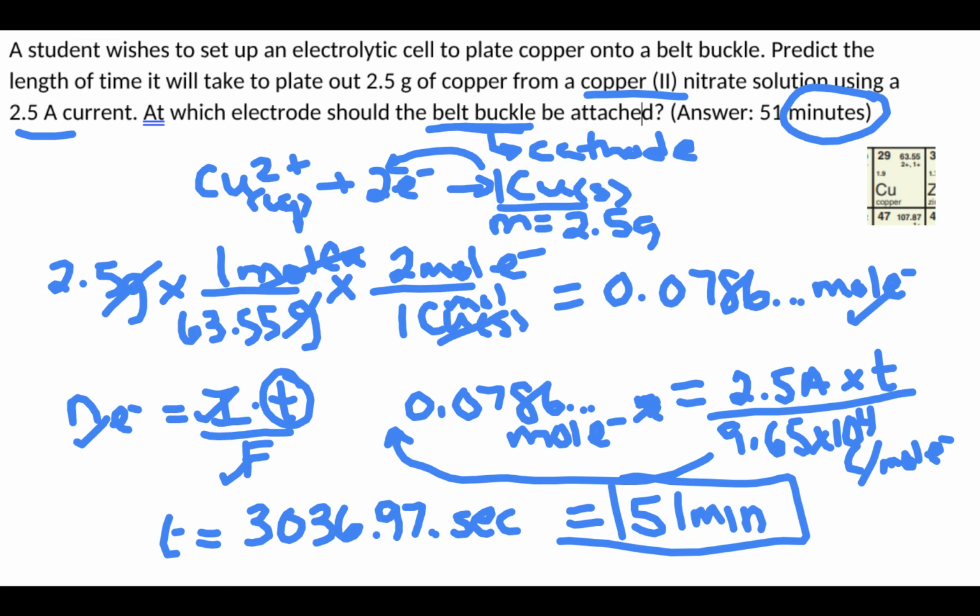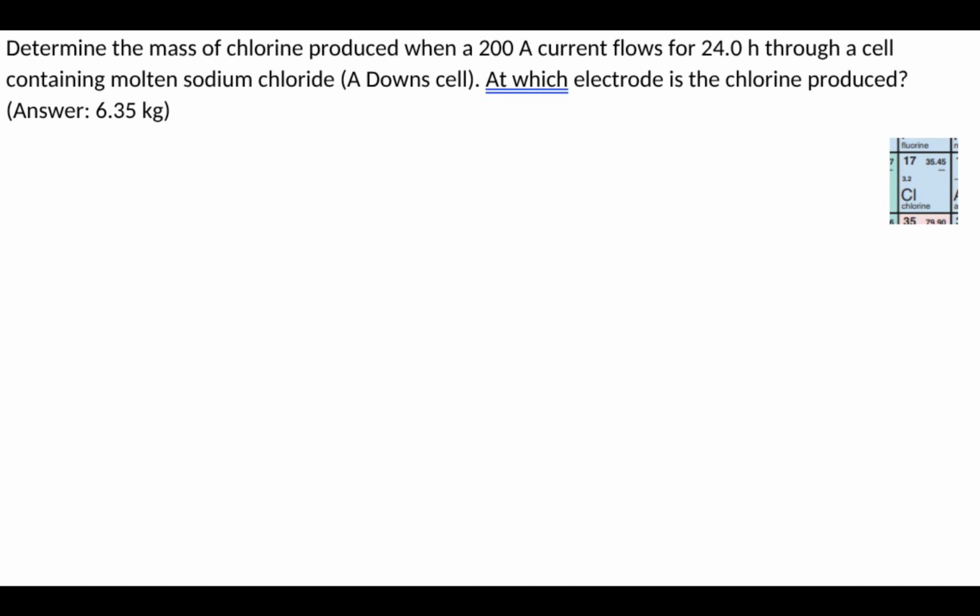Let's look at another one where we're starting with the formula and have to calculate mass. This one's asking, our next example, mass of chlorine produced when 200 amps flow through for 24 hours. And then it's also asking at which electrode is the chlorine produced. Because we're producing chlorine gas and it's coming from molten sodium chloride, if we separated it into its ions, you have Na positive, it would just be in the liquid state, and you would have Cl negative.